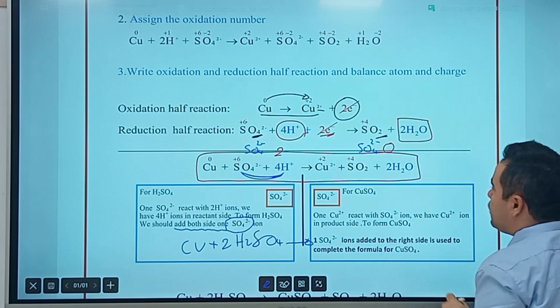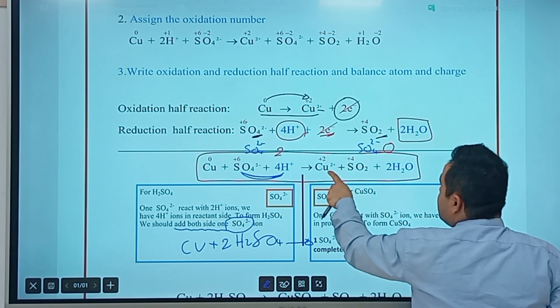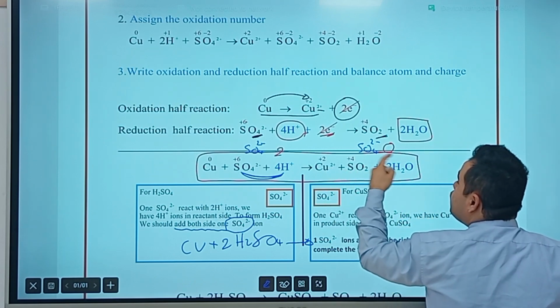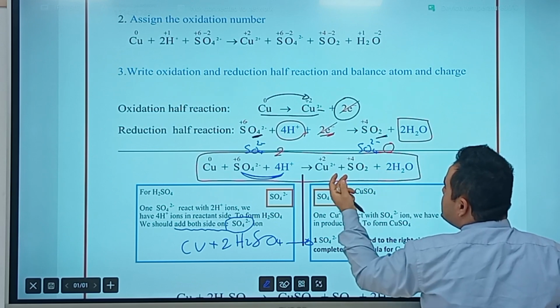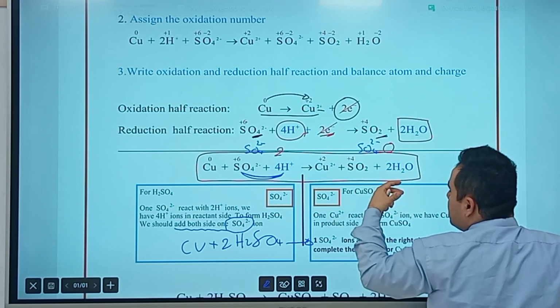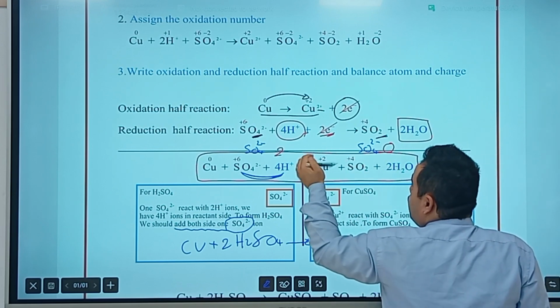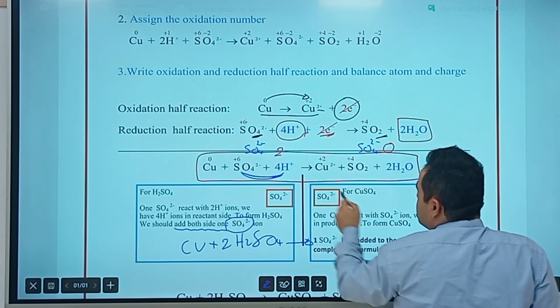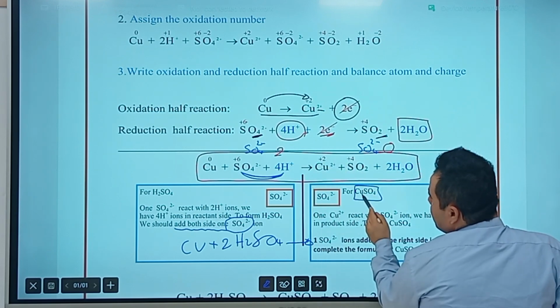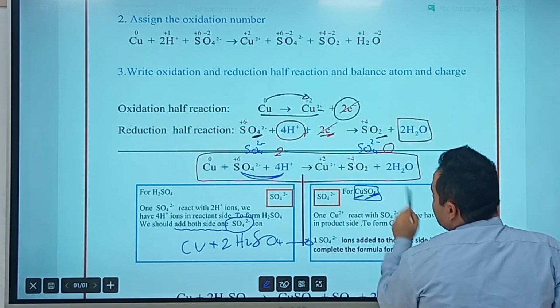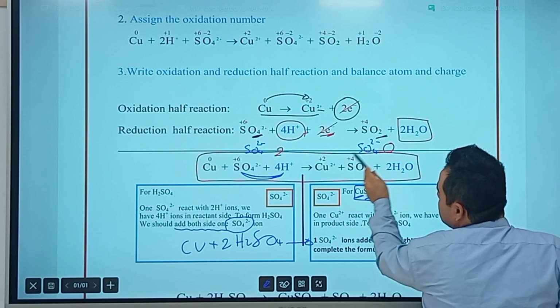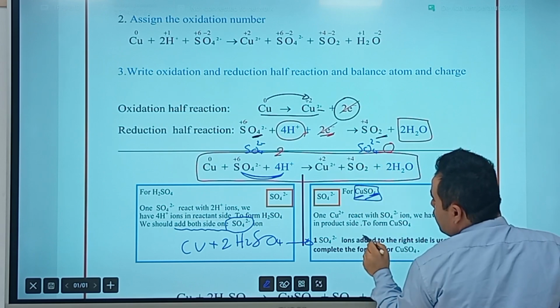In the balanced equation, guys, Cu combines with sulfate. How many Cu combine with the sulfate? The 1 Cu with 1 sulfate. So CuSO4, we have got one copper and one sulfate. The sulfate that we added will combine with the Cu to form what?